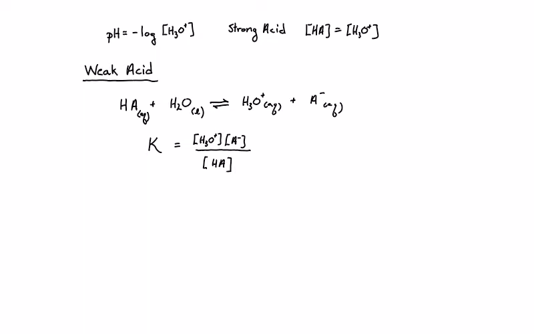Okay, so this K value is going to describe the degree to which the acid dissociates to form hydronium. Okay, and because we're talking about an acid here, we use the subscript A. Okay, so this is the acid ionization constant. Okay, it's the equilibrium constant for this type of reaction.